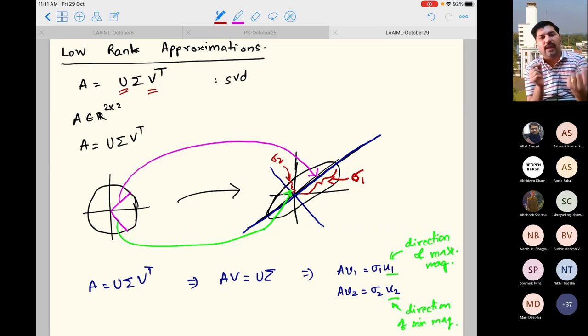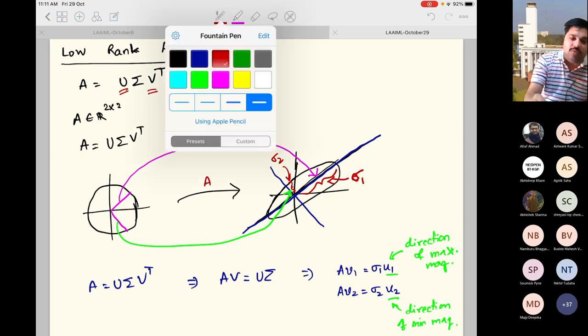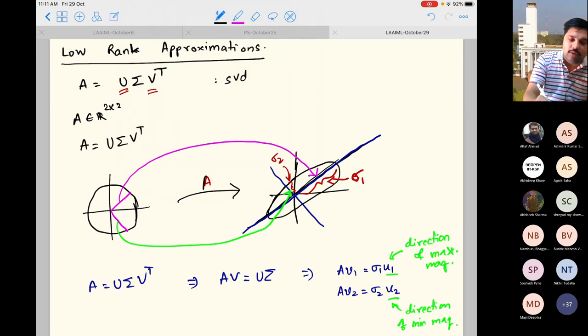When A acts on the vectors v1, v2, v3, v4 and so on, you have a unit circle, and how that unit circle gets distorted because of the action of A is what we are looking at through the singular value decomposition. Geometrically, this is what is happening.